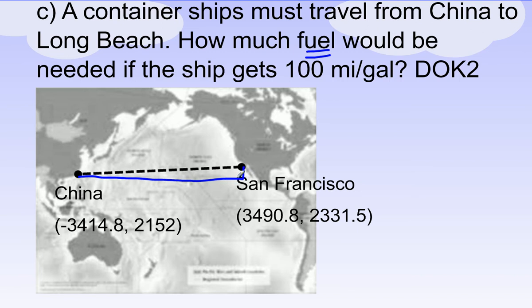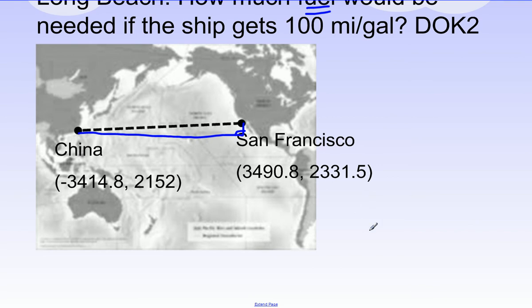Now, this one, I don't have a coordinate grid. I can't count boxes, so I'm probably going to use the distance formula here. I'm going to do it down here. I don't want to run into this space here. So distance formula, over here. Distance formula is the change in x squared plus the change in y squared. x2 minus x1 squared plus y2 minus y1 squared.